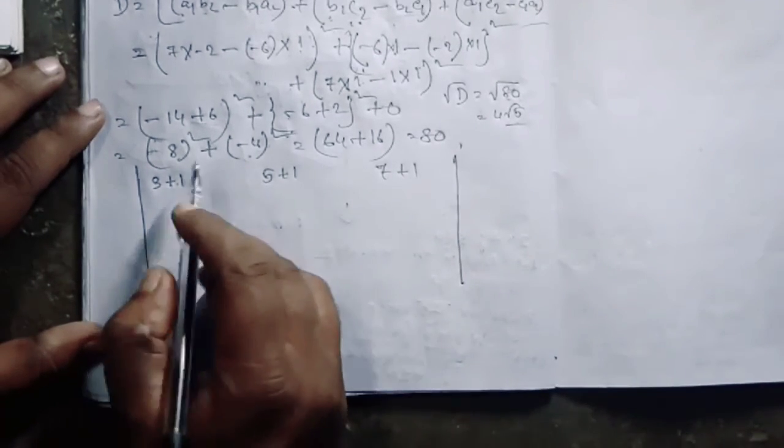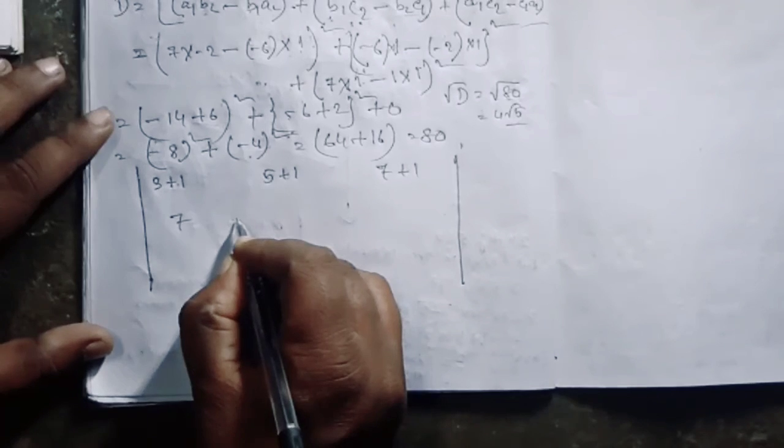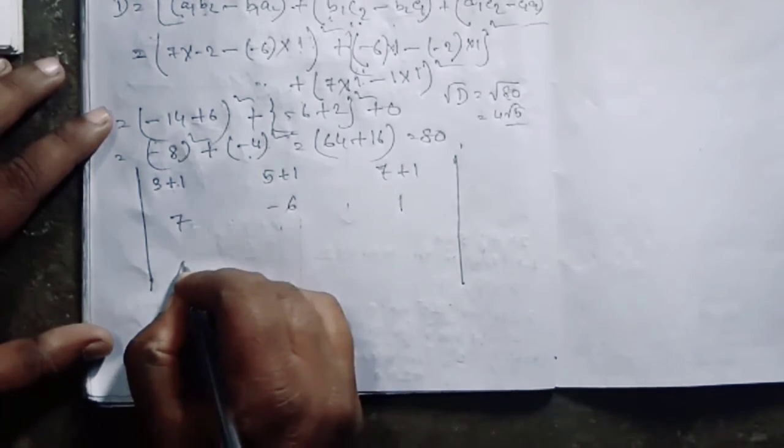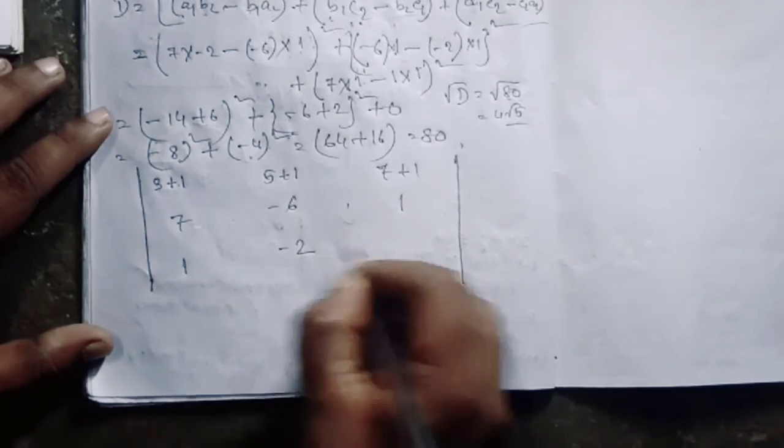Next a1 value 7, b1 value minus 6, c1 value 1, a2 value 1, b2 value minus 2, c2 value 1.